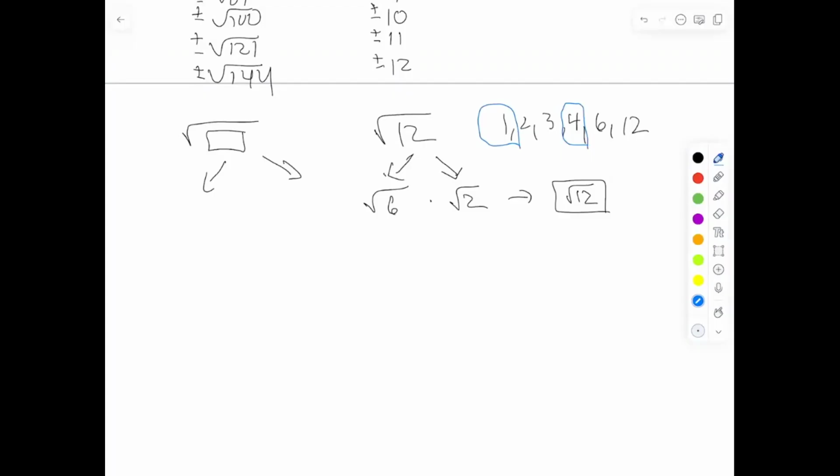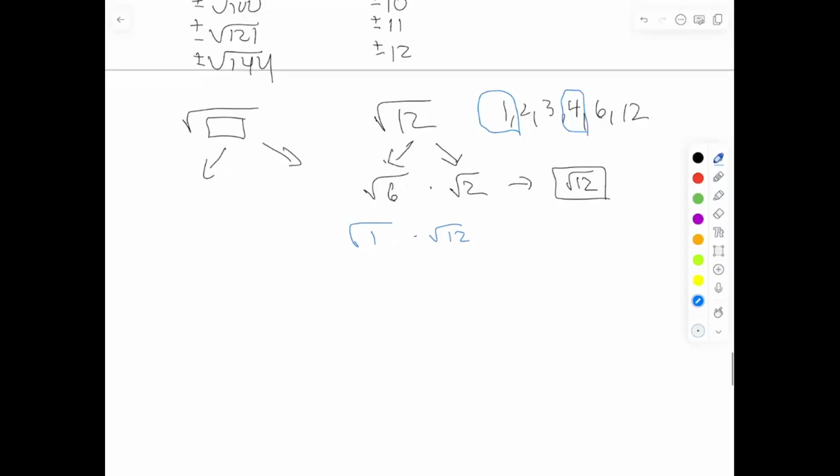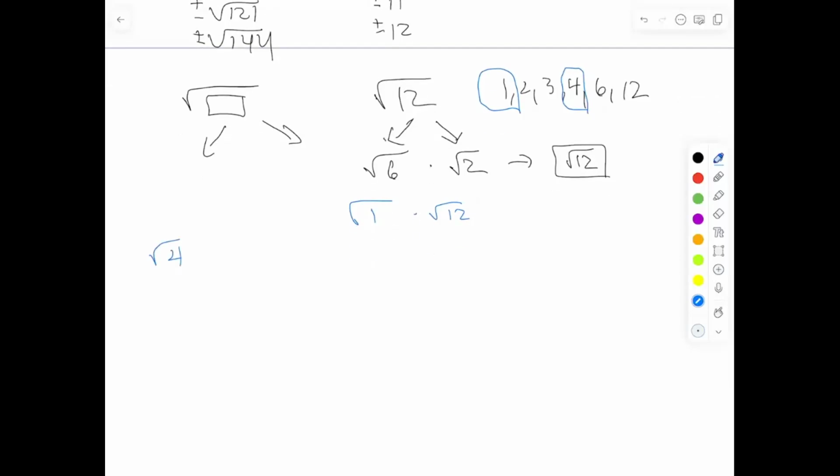It could be square root of 1 times square root of 12, but then I'm back in the same boat, right? I could be like square root of 4 times square root of 3 is equal to square root of 12, right? So that looks kind of cool because here I could get positive negative 2, bring this down. This is tied by multiplication and I get square root of 3, right? So my final answer, if I have square root of 12, this could become positive negative 2 square root of 3, right?